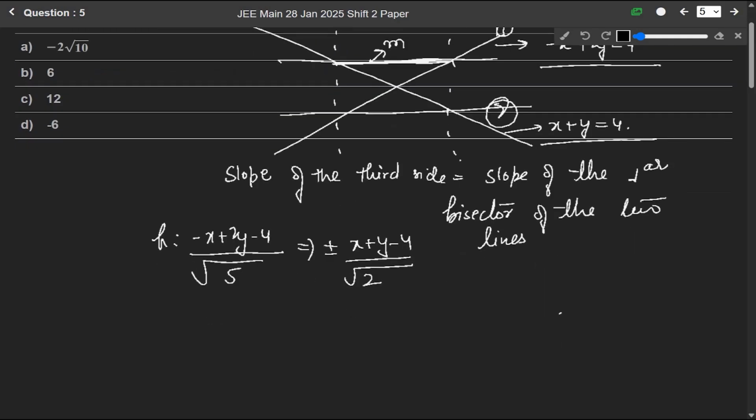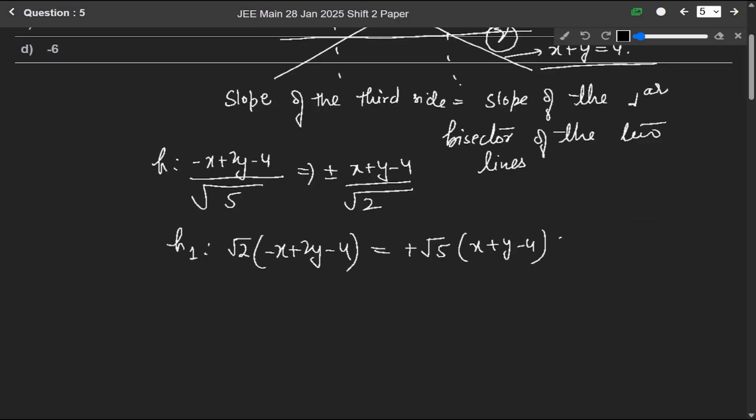Okay, so root 2 times (minus x plus 2y minus 4) equals, let us first take positive, root 5 times (x plus y minus 4). And the second one is when we take the negative sign: root 2 times (minus x plus 2y minus 4) equals minus root 5 times (x plus y minus 4).